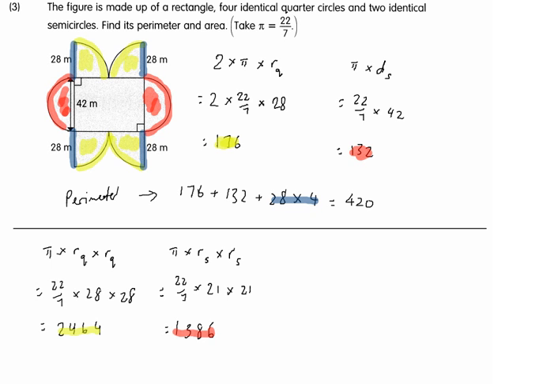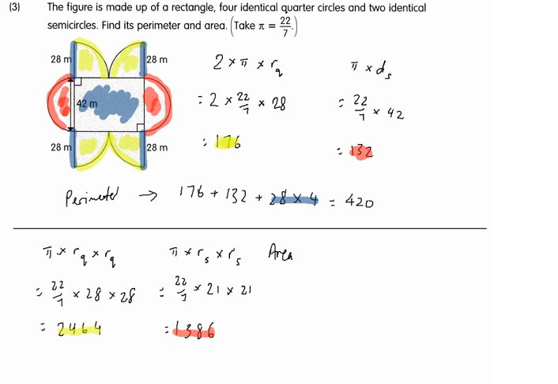Now, what's the last thing I need to find? Area of what? Rectangle. Yes, Colin Chi, what's the answer? 1386. Right. So the last part is the area of the rectangle. Let's add everything together.